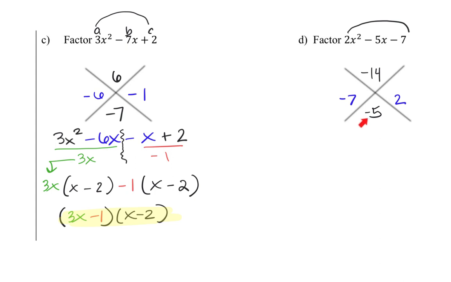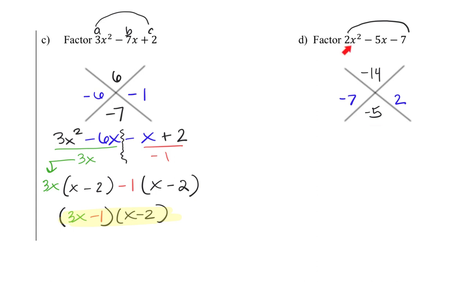So when the bottom number is negative, we want the larger of these two numbers to be negative because when you're adding them together, the answer is going to have the same sign as the largest number. If this one was negative and this one was positive, then I would have a +5 down here. So just be careful to check your sign.